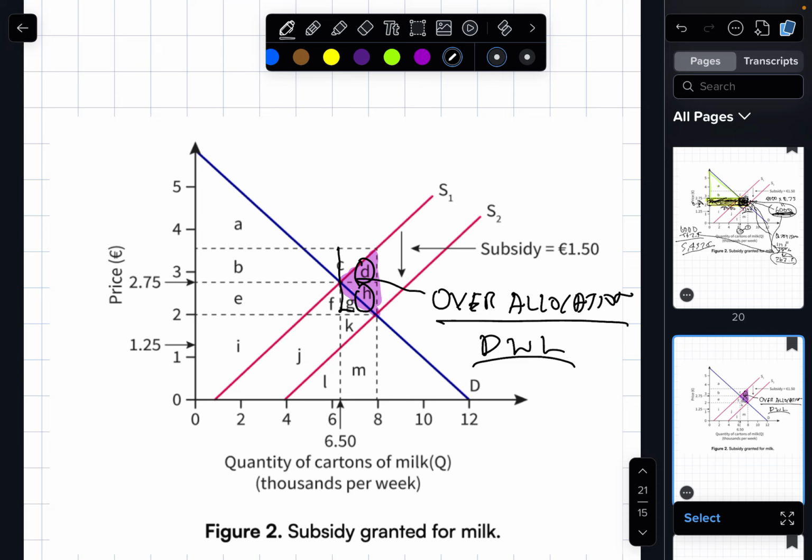We'd first calculate the full rectangle. To get the full rectangle here, all we have to do is calculate the width and the length. When it comes to width, it's the distance between 6,500 and 8,000, so that's 1,500. And when it comes to this length here, or height, we're talking 2 to 3.50.